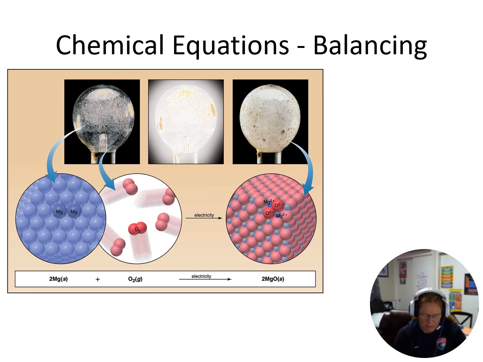You can see I have 2 magnesium. O2 means I have 2 oxygens, and then 2 magnesium oxide gives 2 magnesium and 2 times 1 for the oxygen, so 2 oxygen. If there is a coefficient in front of something, it applies to the whole thing. If it's a subscript, it just belongs to that element.